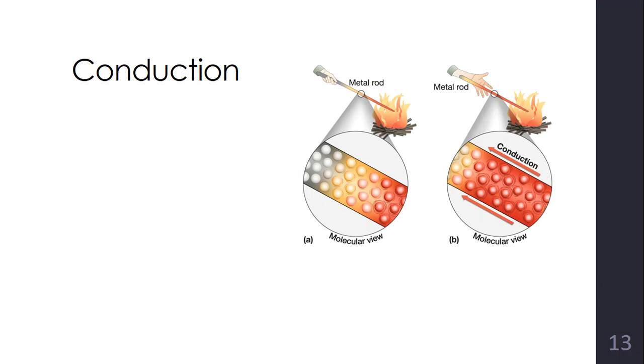The next thing I'm going to talk about is conduction and convection, which are ways that heat is transferred. So conduction is the transfer of heat energy across a medium.